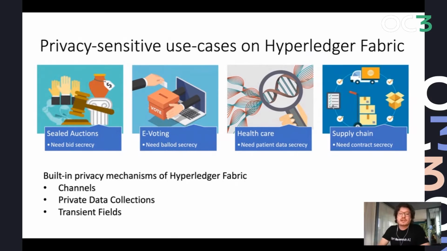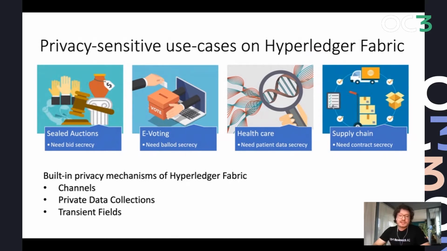Luckily, Hyperledger Fabric already comes with a bunch of mechanisms built in to address those issues. For instance, there is the concept of channels, which allows us to partition the blockchain into multiple channels so that only participants who are actually relevant for a specific application are part of that channel and can see all the related data.